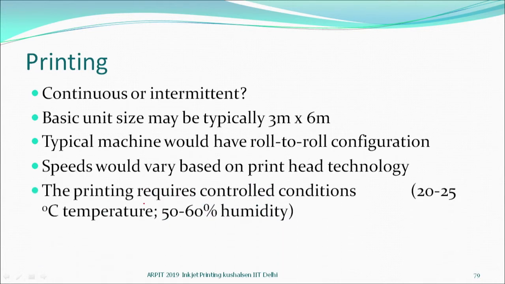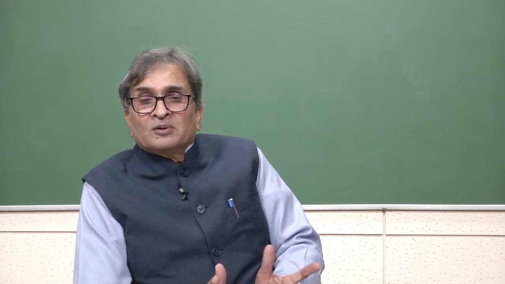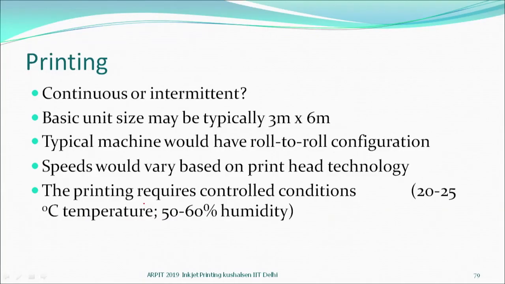The conditions which have to be maintained during this printing process are more controlled. Temperatures are around 20-25 degrees centigrade, and humidity also is controlled. So, compared to the rest of the printing process, conventional printing, the environment here is more controlled. Reasons are very clear, lot of electronics, and they must not misbehave.